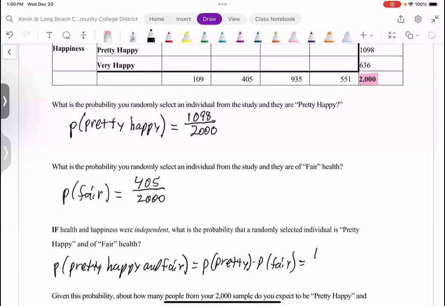So that is 1098 over 2,000 times 405 over 2,000. So this is our probability of pretty happy and fair.